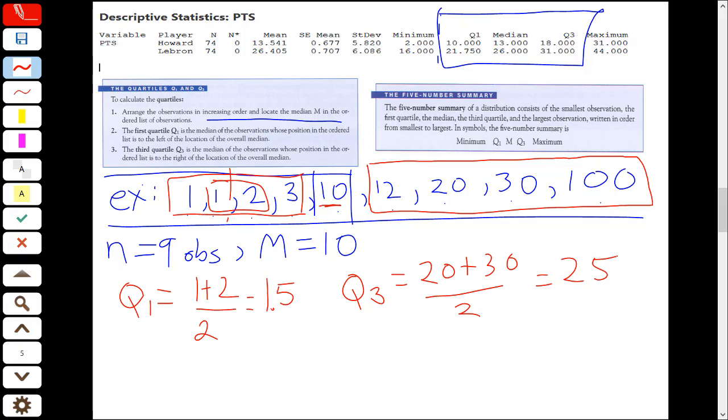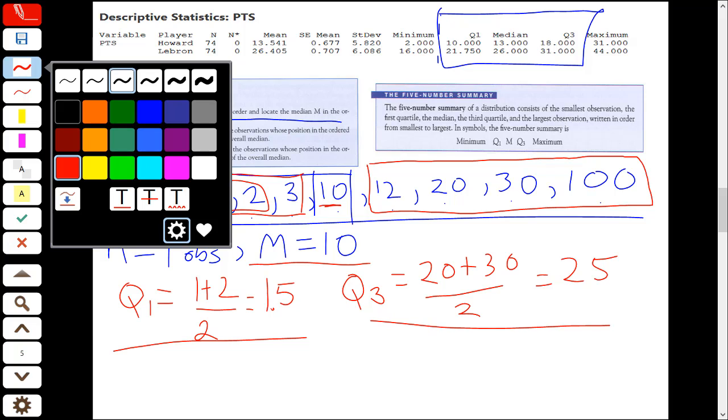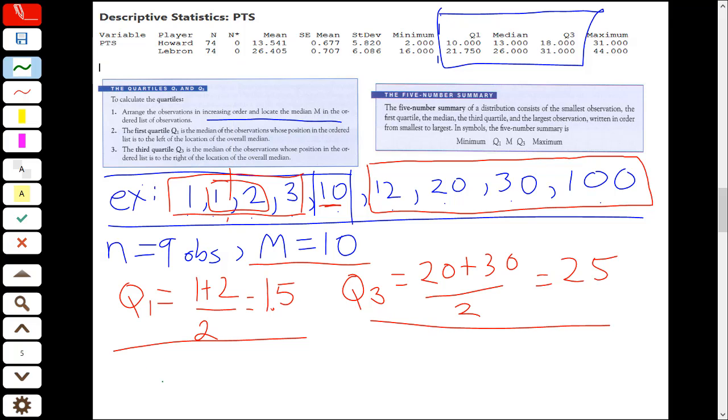So I have my median, my first quartile, and my third quartile. Let's go ahead and just do the actual 5-number summary for this. The final 2 values of my 5-number summary are going to be the minimum, which is 1, and the maximum, which is going to be 100. Okay, so that's how you actually calculate it.